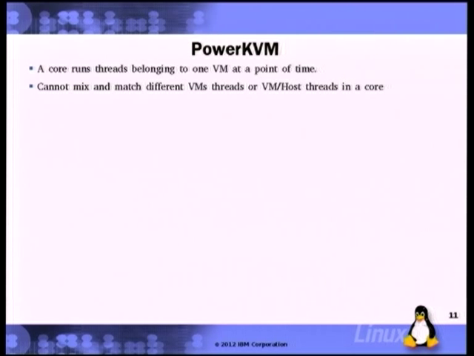We cannot mix the host threads with the VM threads. Similarly, we cannot mix different VM threads together. So something like this: if I have 4 CPUs in a core, I can have system tasks, and the other CPUs can run other system tasks, or they can be idled.